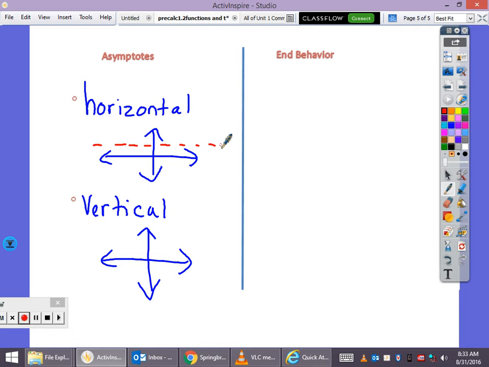That's an example of a horizontal asymptote. This would be an example of a vertical asymptote. This one would be written as y equals 1, and this one would be x equals -2 if I was really counting. All right. Good?